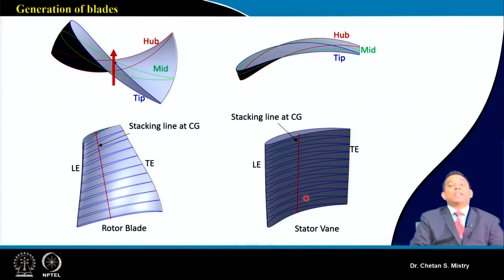Maybe they will stack about the trailing edge, maybe about the leading edge. This is all the designer's criteria. And if you recall, for our stator we have shown dihedral and sweep. So all those kinds of things you can practice.